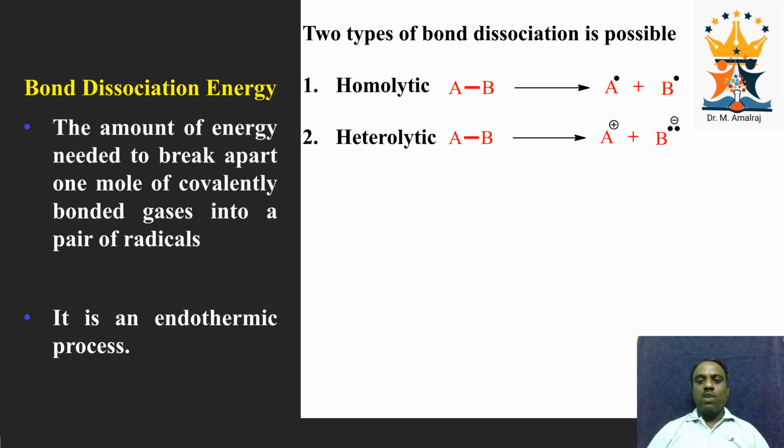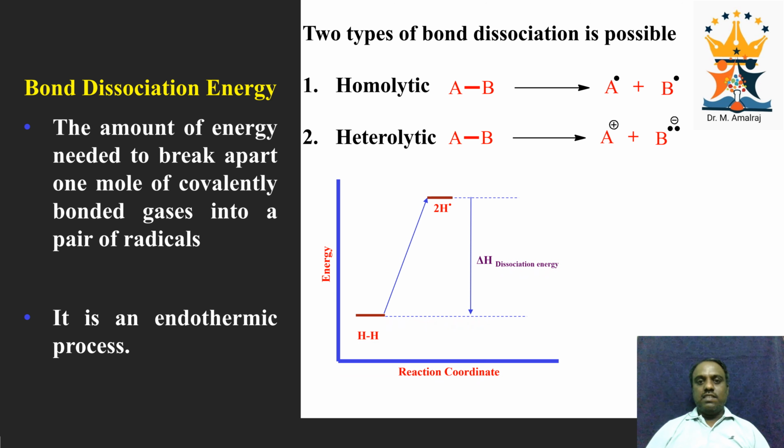In heterolytic, one atom takes both the shared electrons, resulting in the formation of anions and cations. Here we are going to focus on homolytic cleavage. The energy of the radicals is higher than that of the molecule, so the delta H of this process will be positive. That means the process is endothermic.